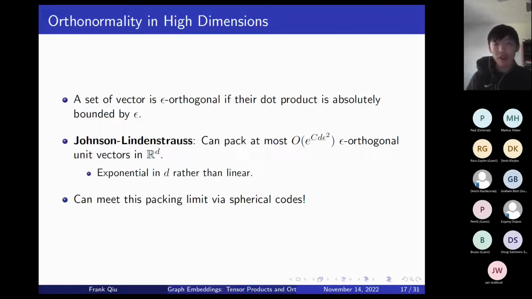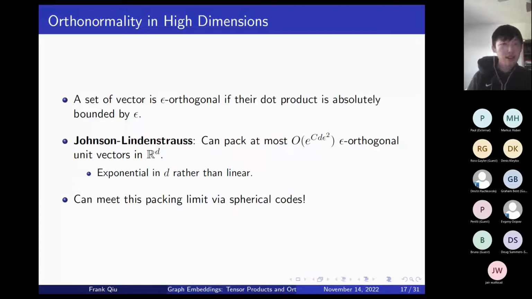There's a theorem called the Johnson-Lindenstrauss theorem, which basically states that we can pack at most exponentially many epsilon orthogonal unit vectors in a d-dimensional space. And so this is exponential scaling in d rather than linear if we're assuming perfect orthonormality.